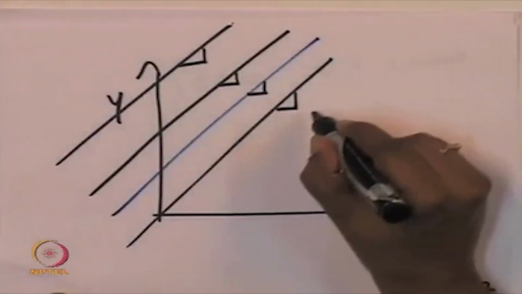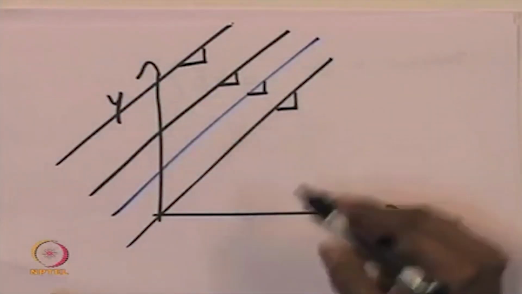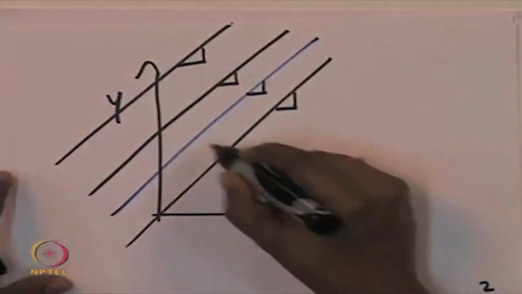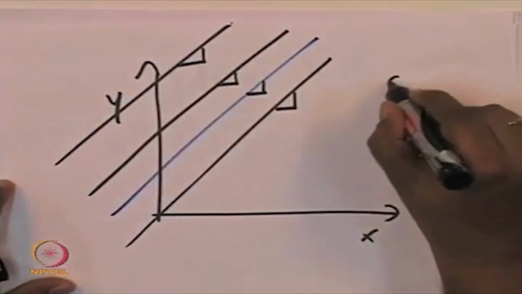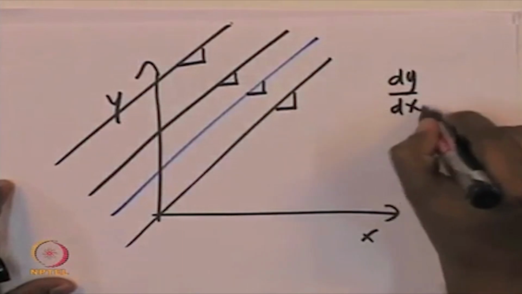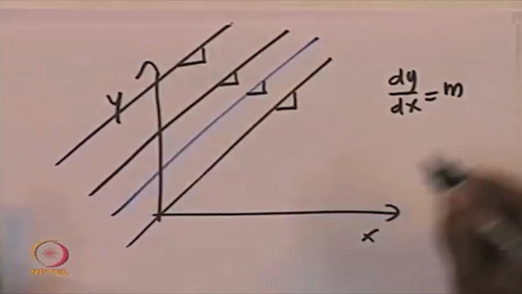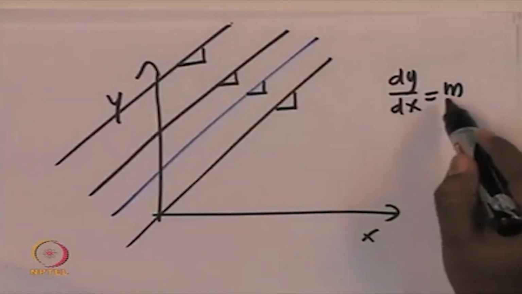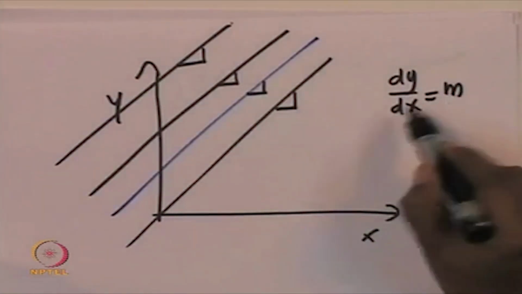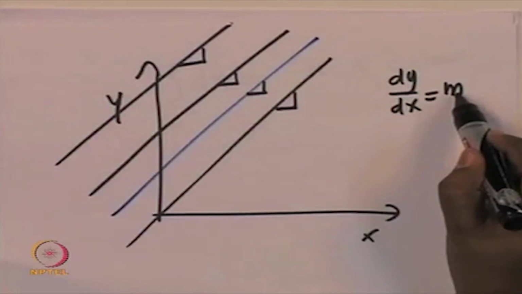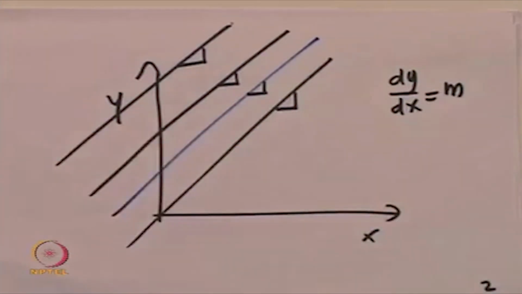So, slope is equal to m. Each of these curves has a derivative dy by dx equal to m. That means the integral of m will give you any of these curves.